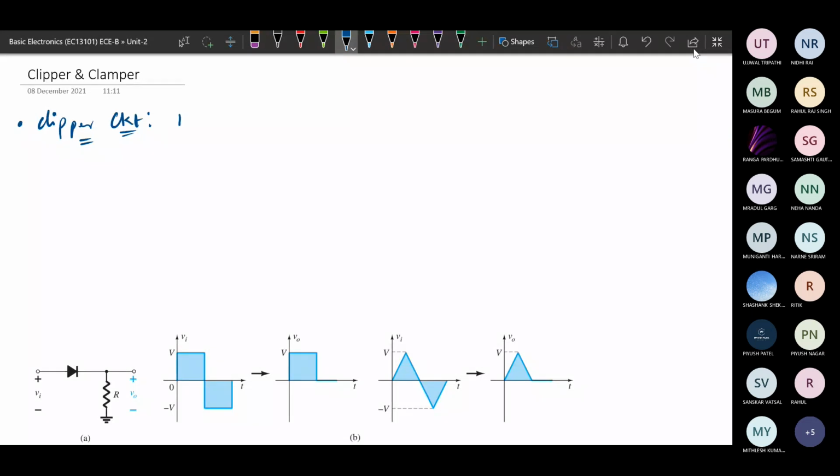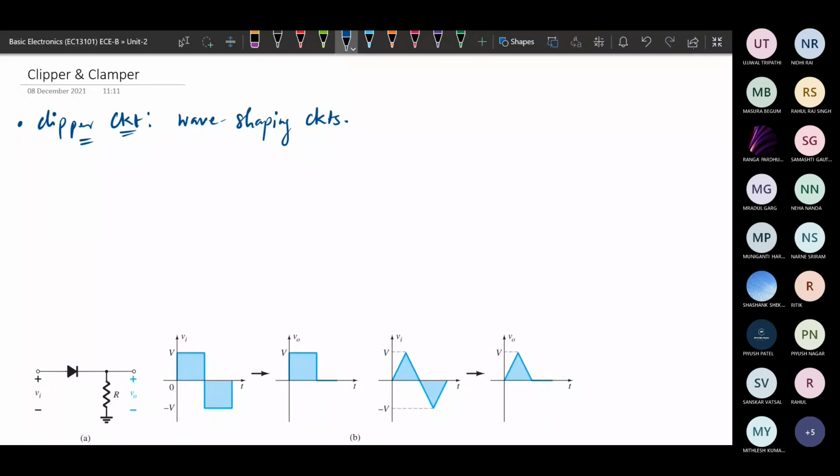These circuits are called wave shaping circuits. Wave shaping circuit means whatever waveform we give as the input, it will modify it and provide an output with a different orientation.